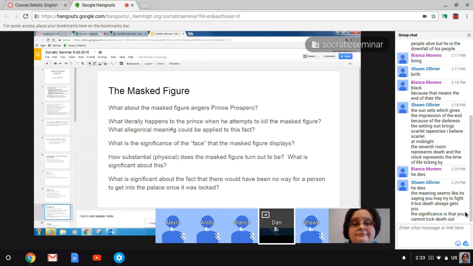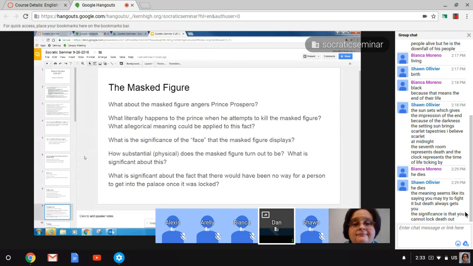And even though they have locked themselves inside the palace, this masked figure gets in regardless because this masked figure is not human. It is some kind of phantom.